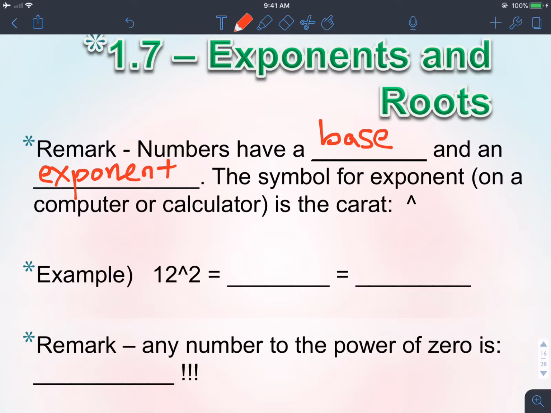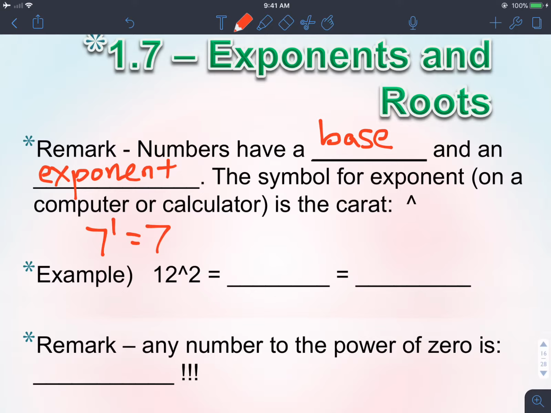So even if I were to write your favorite number, 7. I think that was your favorite number. Was it Kat's favorite number? I don't know. 7 or 15, right? If I wrote 7 to the first power, it's the same thing as just writing 7.